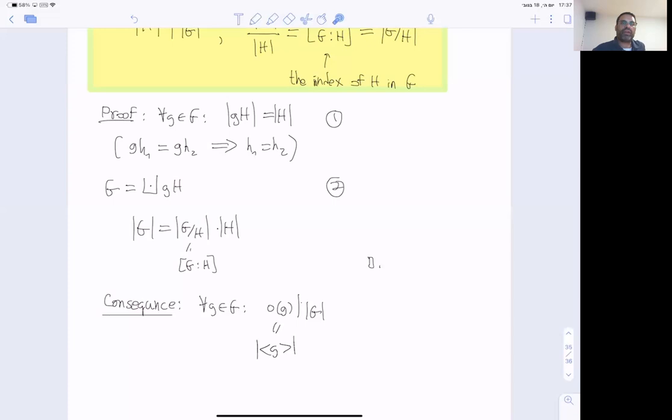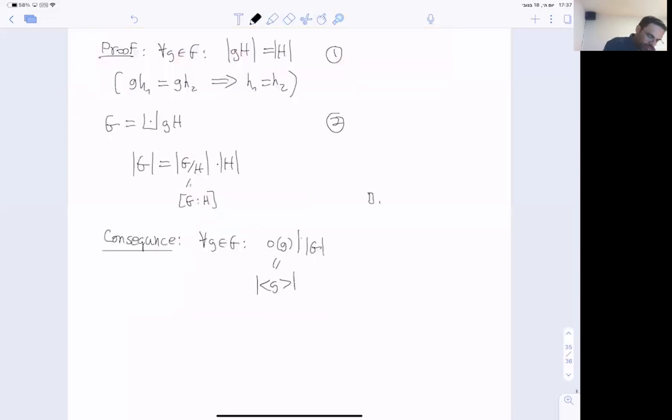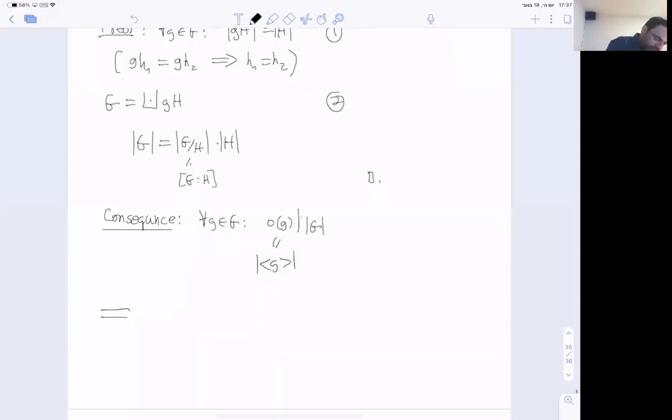In the proof there, I told you I would show that if we take an element of G, then g to the power of the order of G must be e, because it is g to the order of G, which is g to the n q for some q, so it is e.